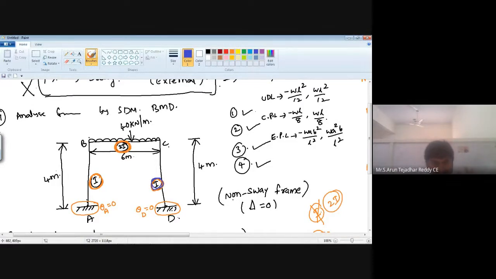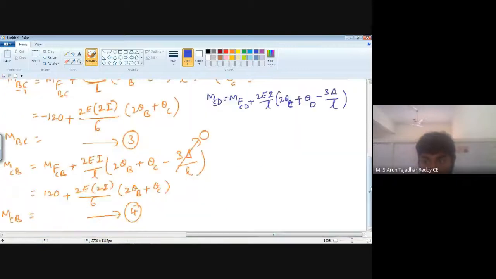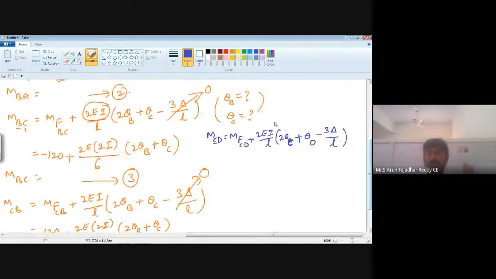Next, at point D we have a fixed support. It means slope at D is equal to 0. So here theta D is 0 because it is fixed, and delta is 0 because non-sway. Next, remaining terms substitute as usual, then you will get one equation, that is number 5.